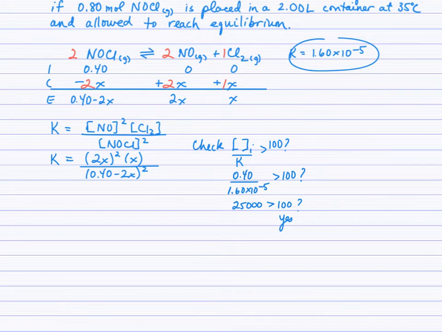And so the value in that is that with that approximation holding true, in the binomial 0.40 minus 2x, x is so small that even when you know the value of x and plug it in, it's still going to be approximately 0.40.